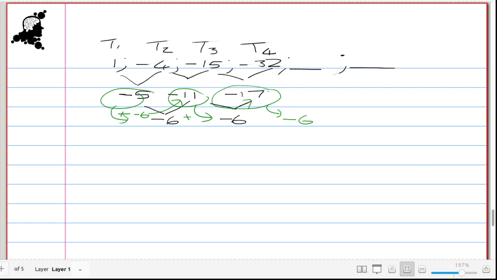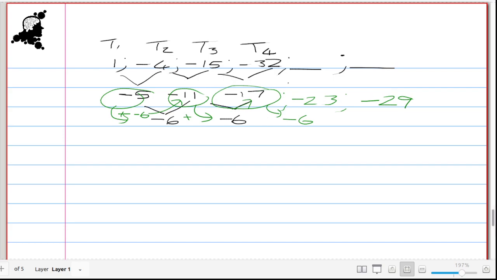That's going to give me negative 23. Let me just put this down here. Negative 23 there. Now I could go ahead and say negative 23 plus negative 6. And that's going to give me negative 29.